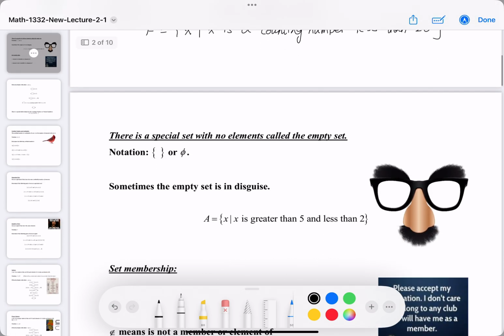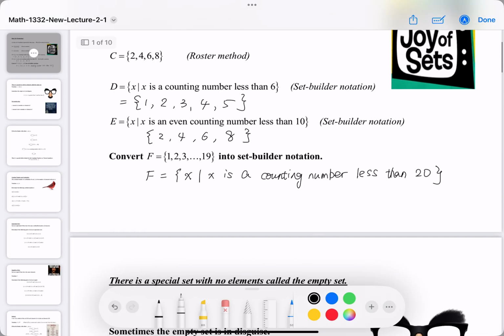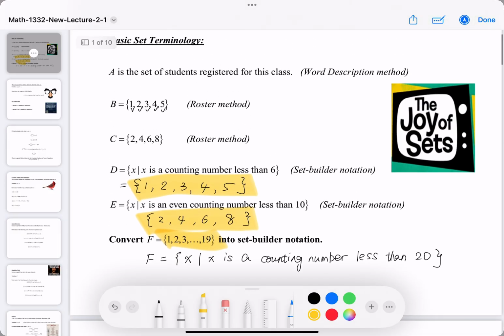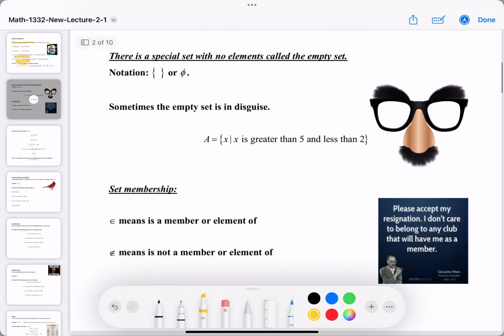Let's see the next part. There is a special set with no element. In the previous examples, we had some elements in the braces, even in the word description, we still have elements in the set. But now there is no element in the set. So in your braces, you see nothing inside.